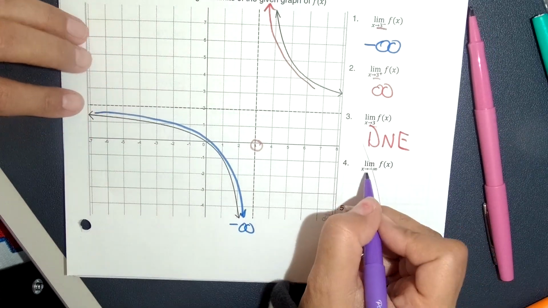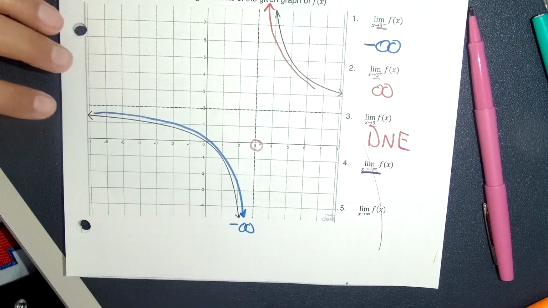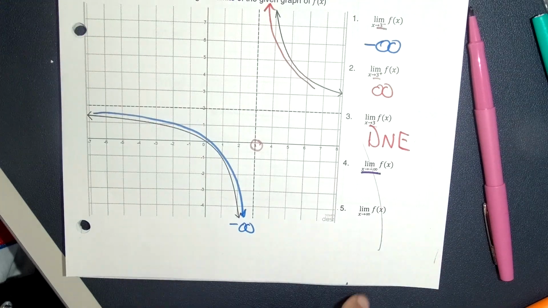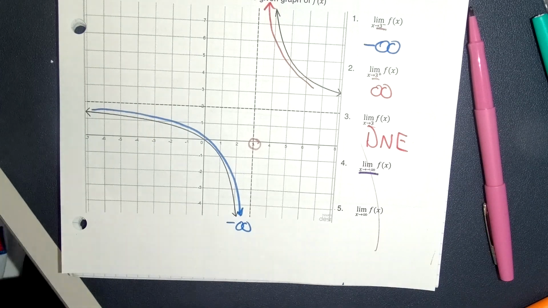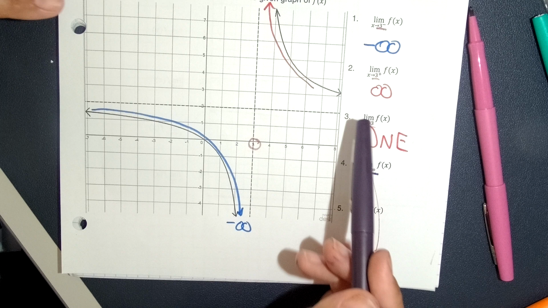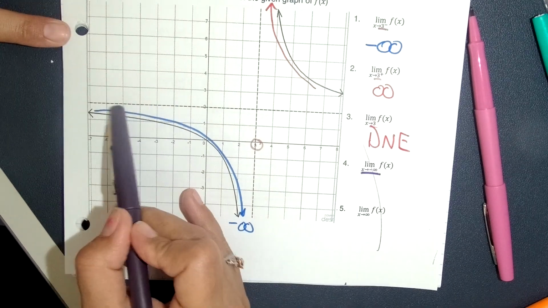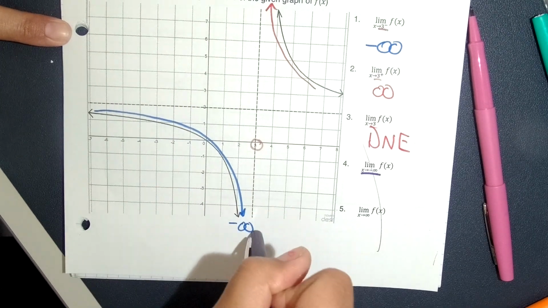All right, now let's look at negative infinity. I need you to pay attention. Some of you think, oh, I get it, and then you're going to come here and not get it. Students think that because this is negative infinity, I need to go back down here and look at negative infinity.